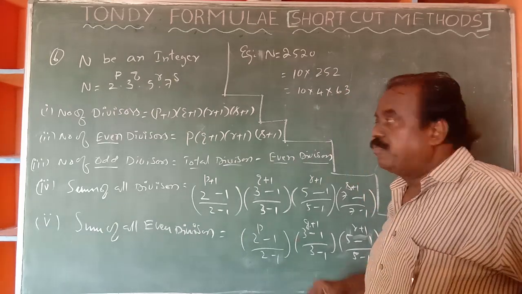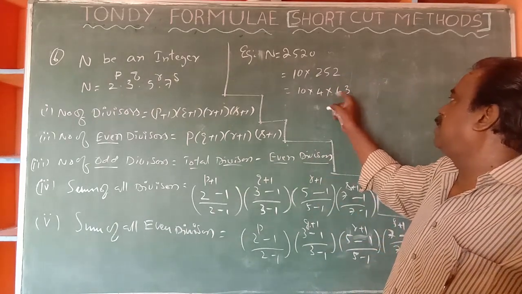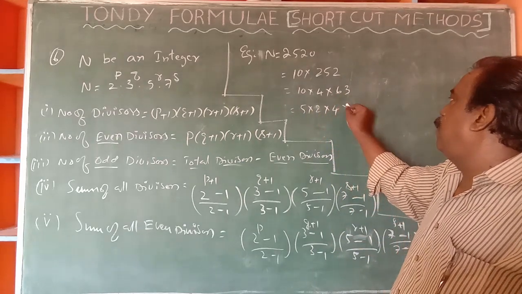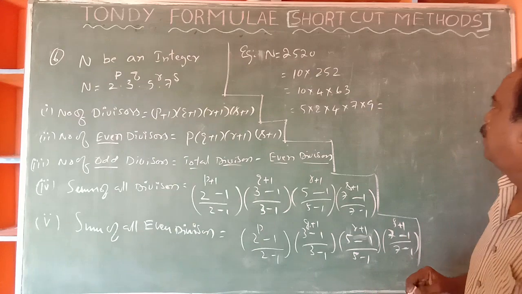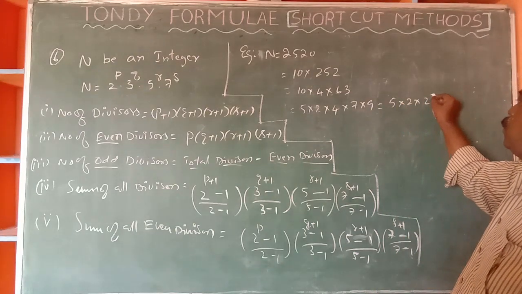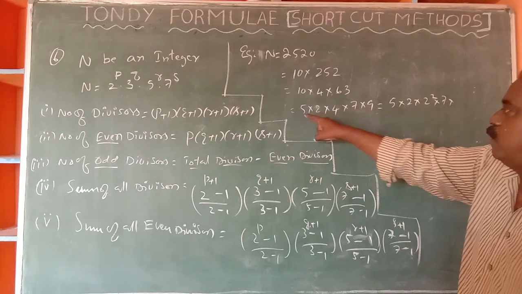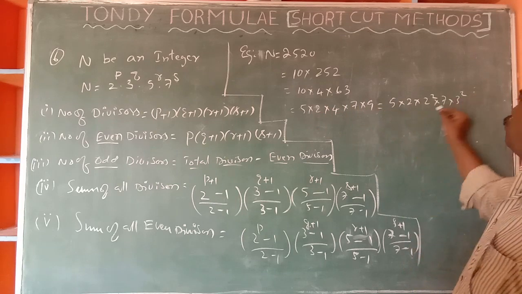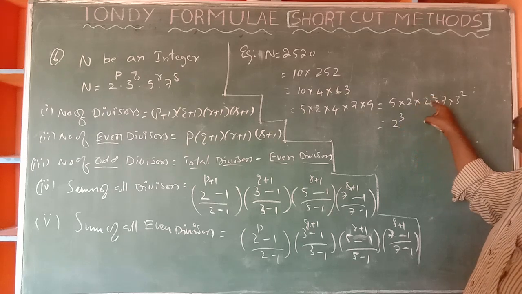Will you agree? 4 times 63. It is 5 into 2 into 4 into 7 into 9. This is 5 into 2 into 2 square, this is 4, and it is 7. 5 and 7 will not be reduced further, and 9 is 3 square. Now totally it is 2 cube, 2 power 1 times 2 square.